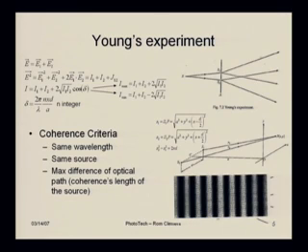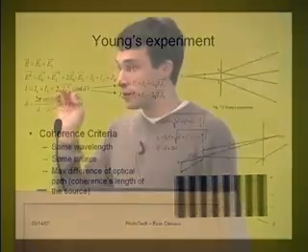Everything that we're going to do, and mainly for diffraction, is based on this aspect, which is that because I will have a slightly different optical path, I will create constructive or destructive interferences.